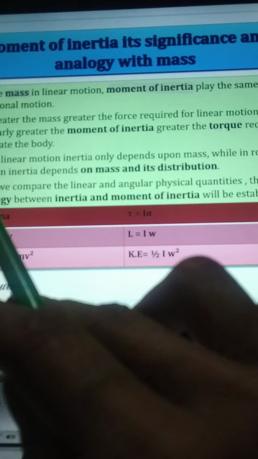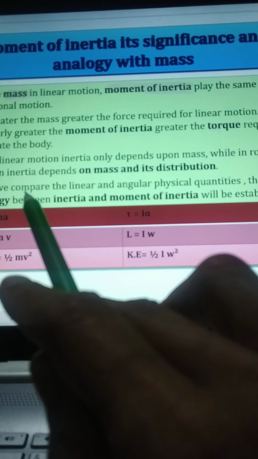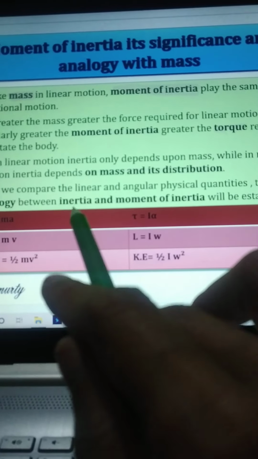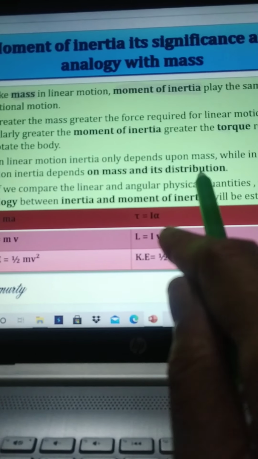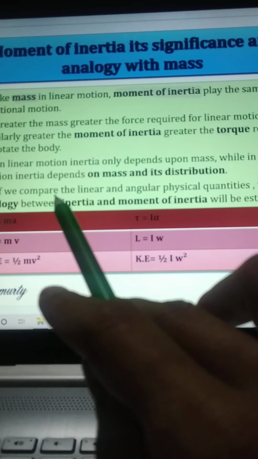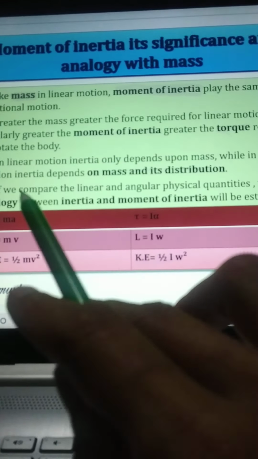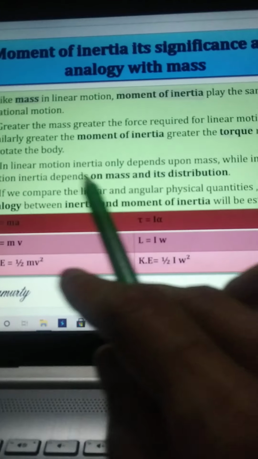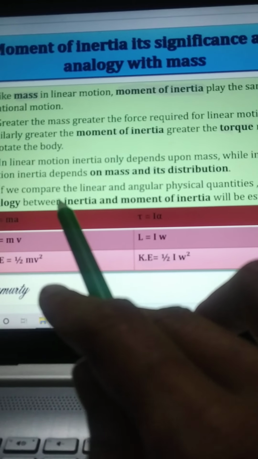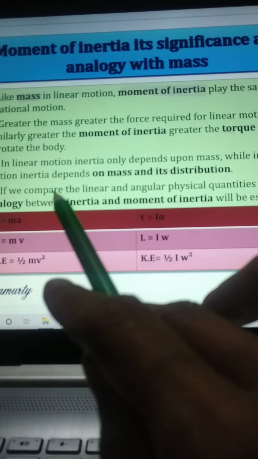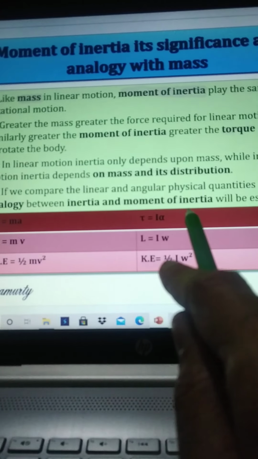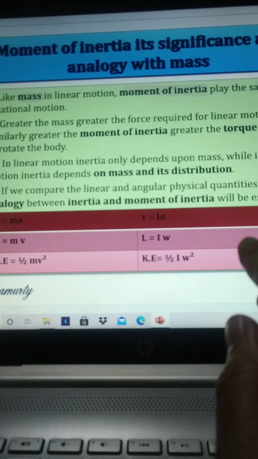The next point is that in linear motion, inertia depends only upon mass, while in rotational motion, inertia depends on mass and its distribution. If we compare the linear and angular physical quantities, the analogy between inertia and moment of inertia will be established.